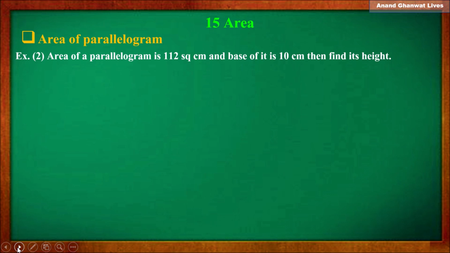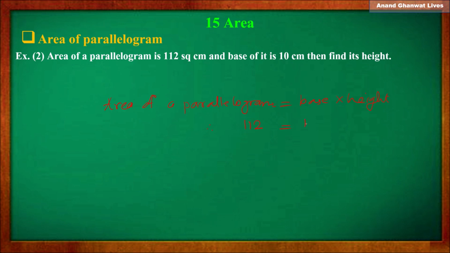Now the second example is given here. The area of a parallelogram is 112 square centimeter and the base of the parallelogram is 10 centimeter. Then find its height. So again write the formula for the area of a parallelogram. The area is given here, 112 square centimeter.